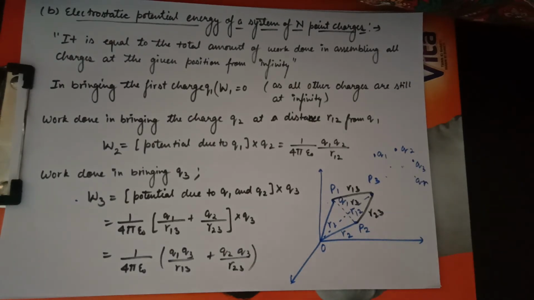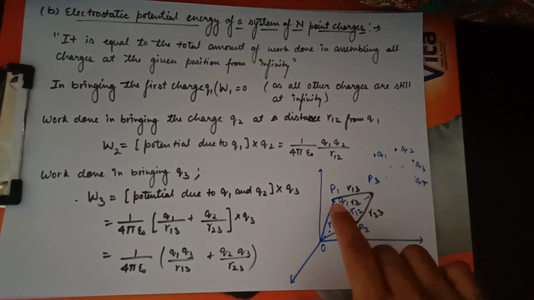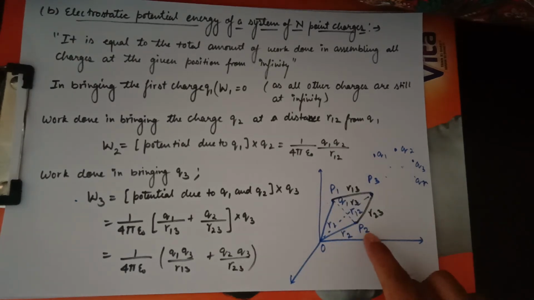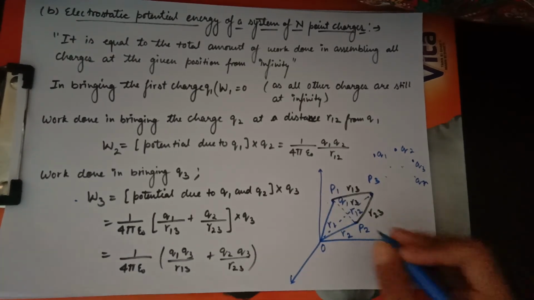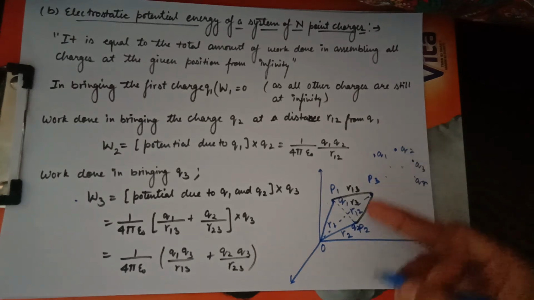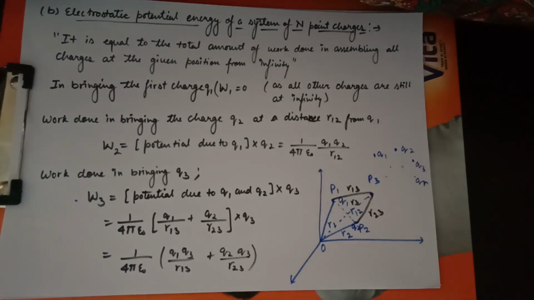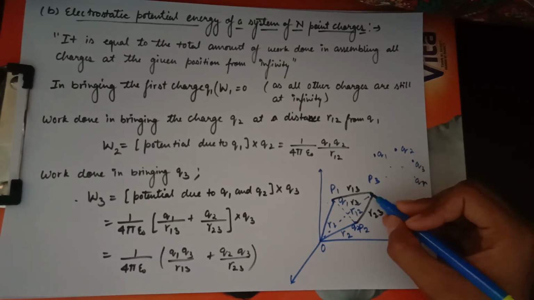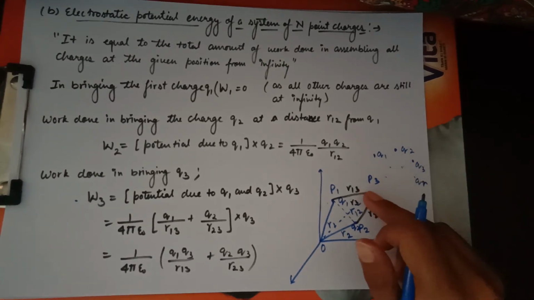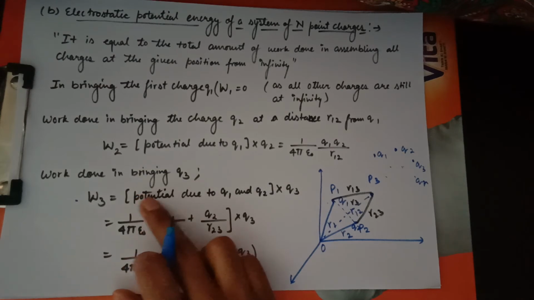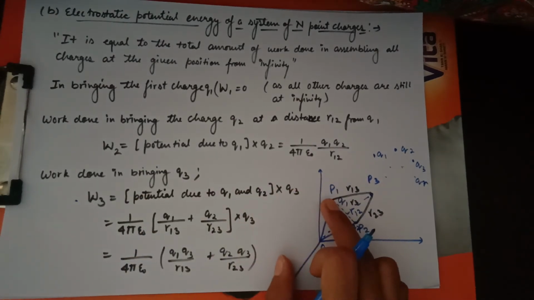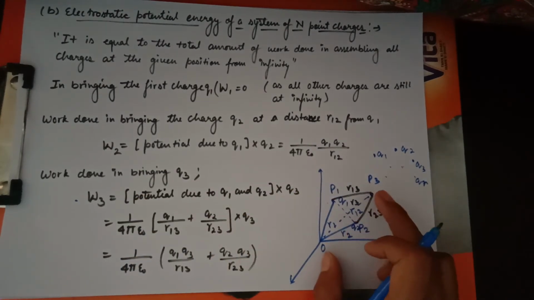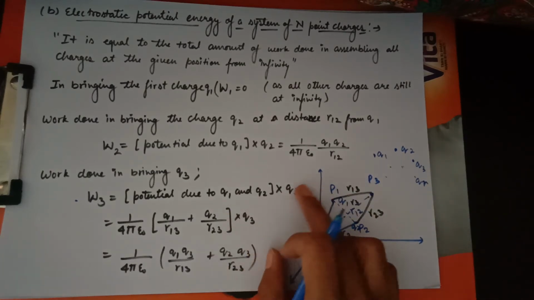Now for this point, the potential is due to charge q1 and charge q2, as I have brought q2 from infinity to this point. So when I am bringing the charge q3 from infinity to point p3, the work done will be equal to the potential due to q1 plus the potential due to q2, times charge q3.